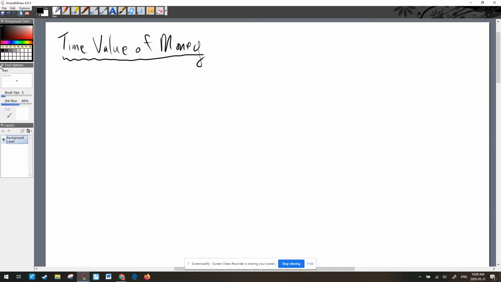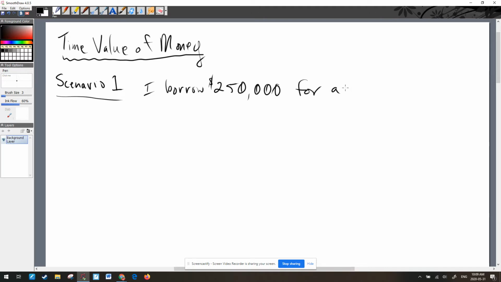What we're going to do is look at some examples and compare what kind of impact they have. So imagine the following scenarios. Scenario one: I borrow $250,000 for a mortgage.